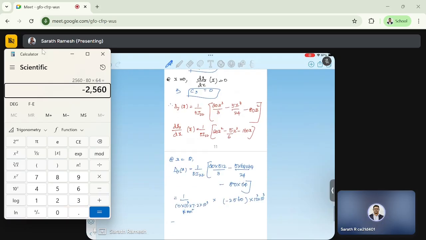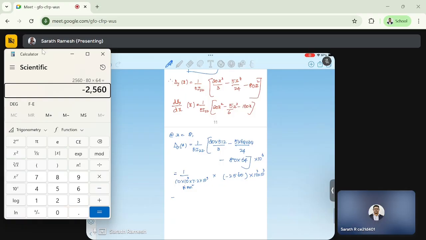Finally we'll get 2560 into 10 power 6 divided by 10 power 9, 10 power 3, 10 power 12, into 72.